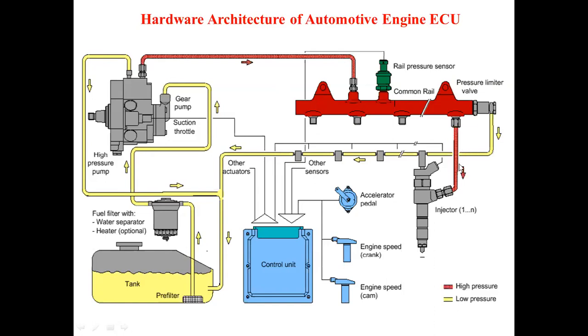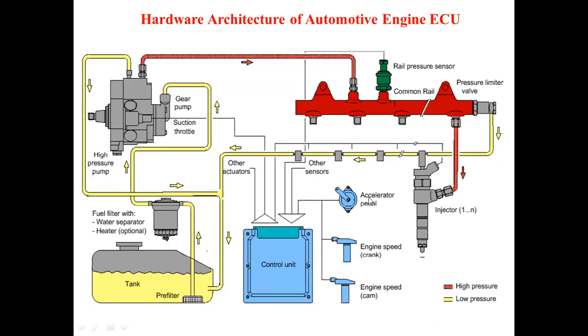Now, to this we are providing various information. That information is required: at what pressure you are injecting the fuel. So the rail pressure sensor will act. This is a rail pressure sensor which senses the actual pressure of this fuel, and it is given to this control unit.